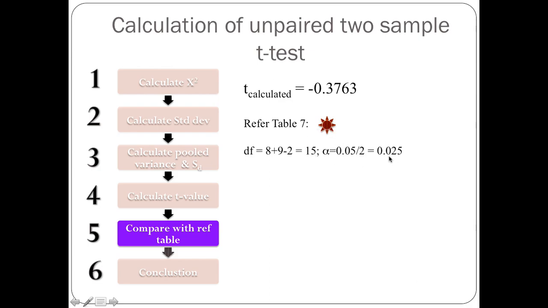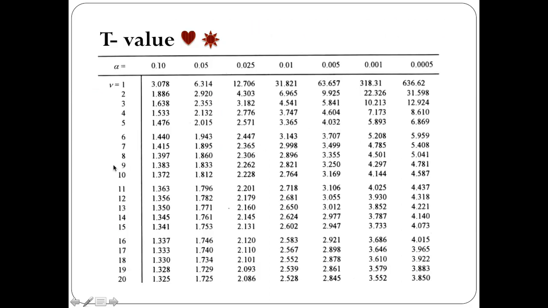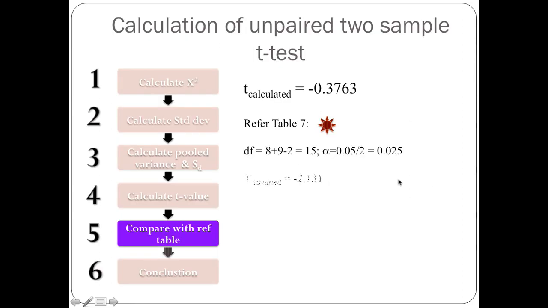So 15, 0.025, 2.131. This is what you get. Because this number is negative, your t value here should be -2.131.